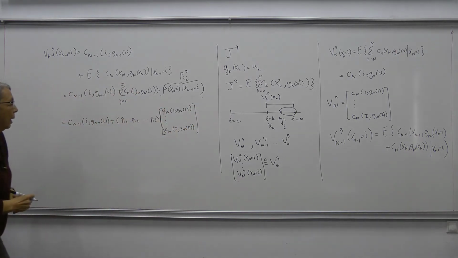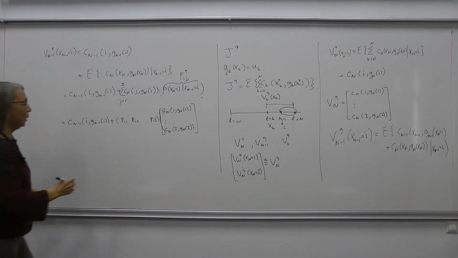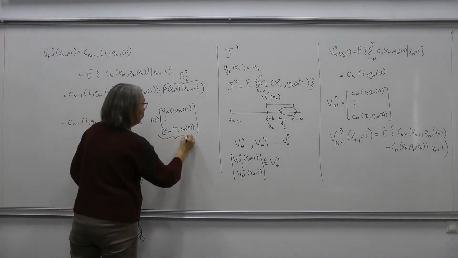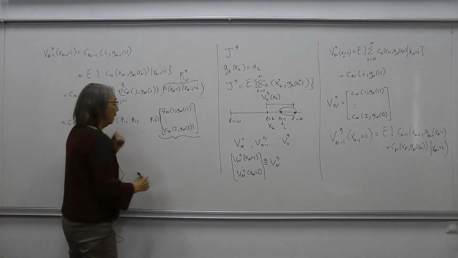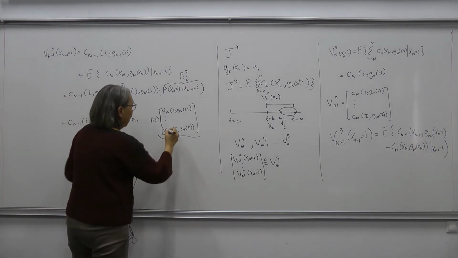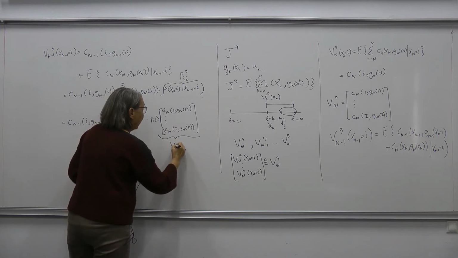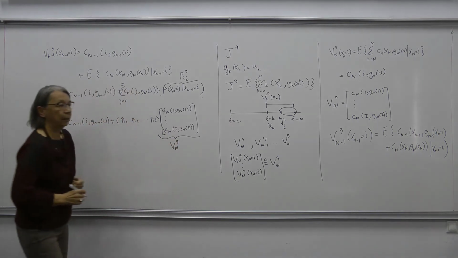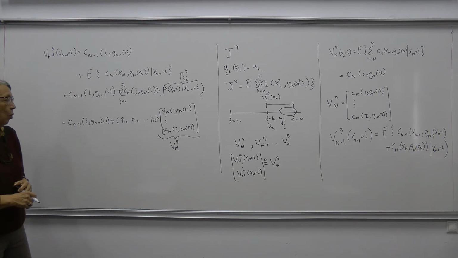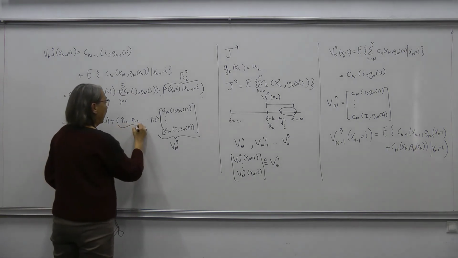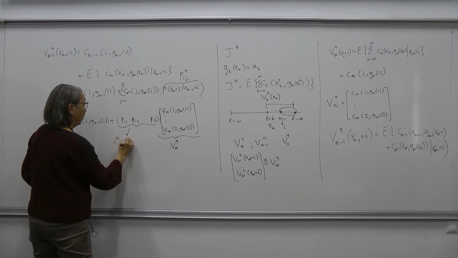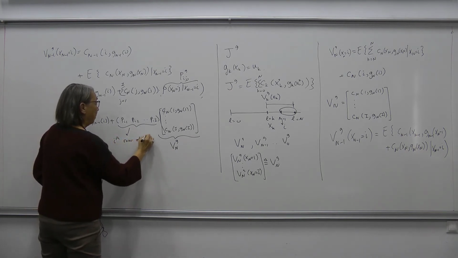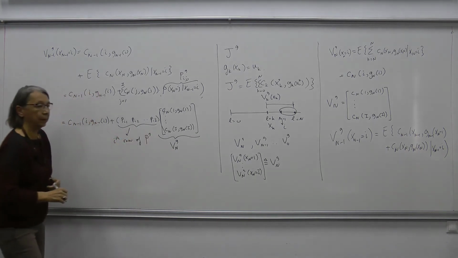Now, when we look at the second one, we just observe that this is nothing but our V_n^g vector that we have derived before. And when we look at that one, we just see that this is the i-th row of the P^g matrix.